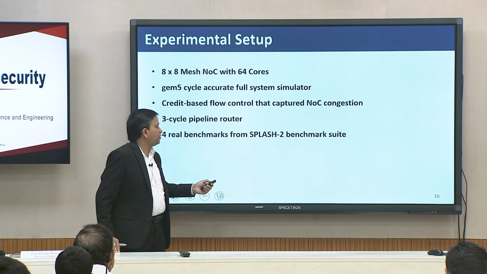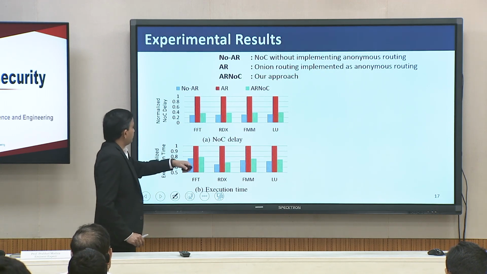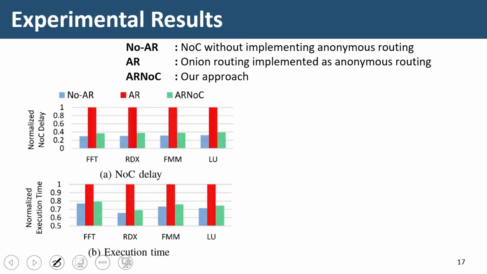So, nobody knows where else it is, and I am just showing some results quickly. Anytime you do network-on-chip research, or any architecture research for that matter, GEM5 is these days kind of the de facto simulator you use.